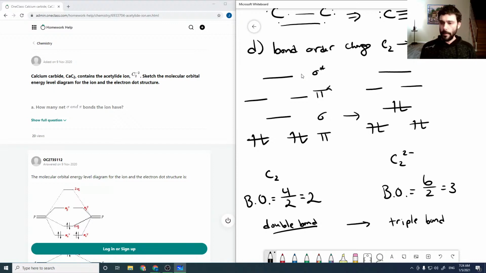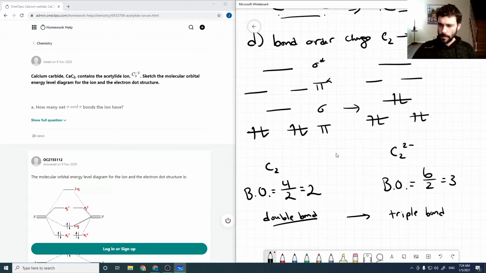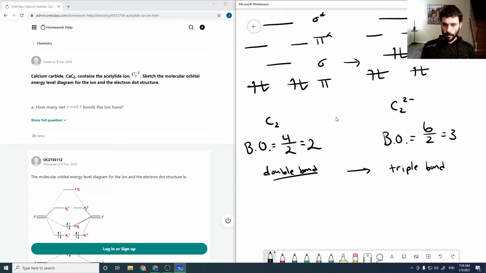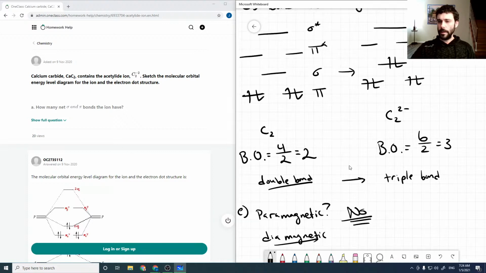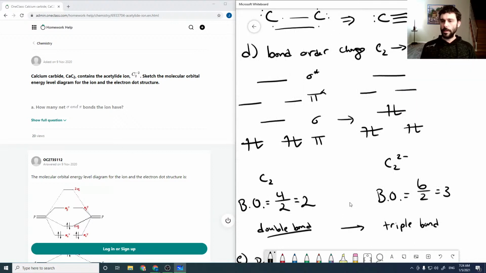And then the last question is, is it paramagnetic? And the answer is no. It's diamagnetic. And it's diamagnetic because all the electron spins are paired in our MO diagram.